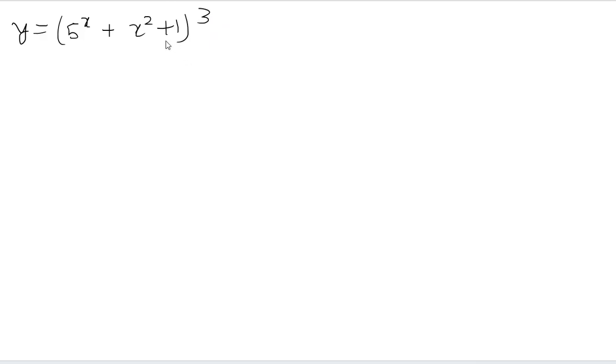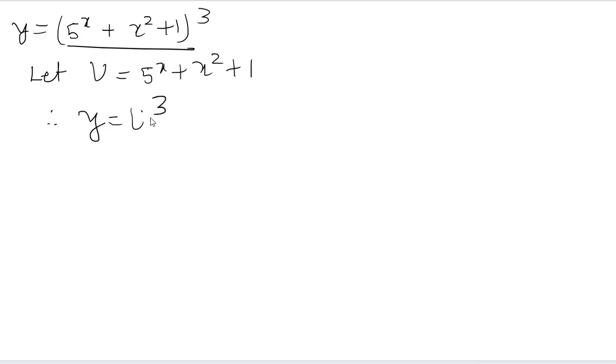In this case, since it is a complicated expression, 5 raised to x plus x square plus 1, we use a slightly different technique. Here, we only replace the bracket part which we see by u. So we say let u be 5 raised to x plus x square plus 1. And therefore, we are left with y is u raised to 3.